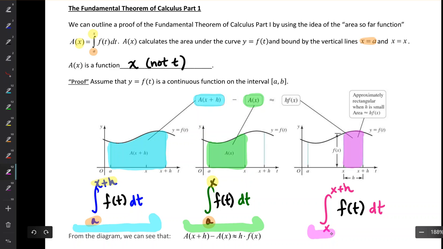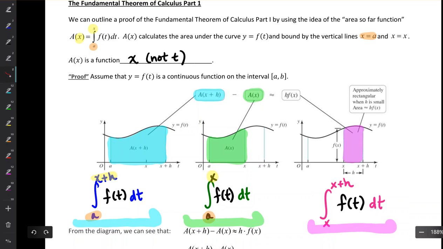But for a very, very small h, if h is tiny, this rectangle right here is super close to the pink area. It's almost the same.